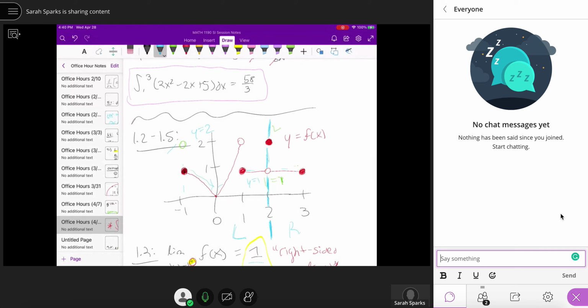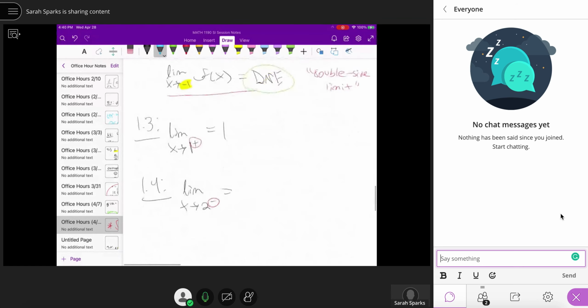We're coming from the left over there, we go up there, we then see it jumps down here and approaches this value right here, where y is equal to 1. So the limit as x approaches 2 from the left is equal to 1. Oh, okay. It makes better sense now.